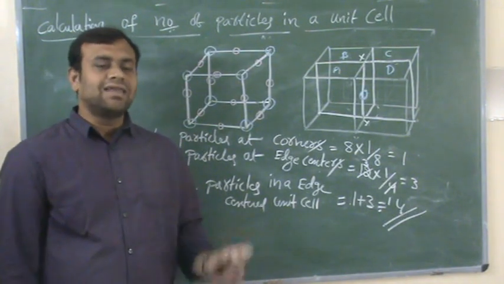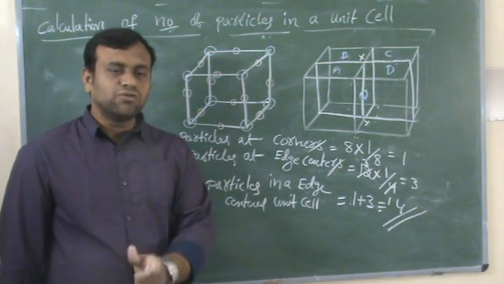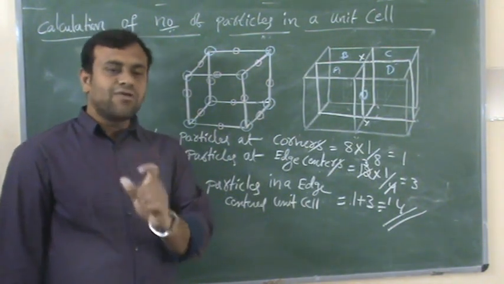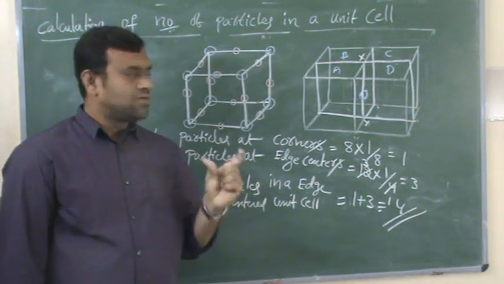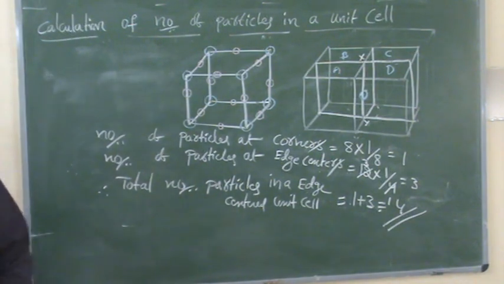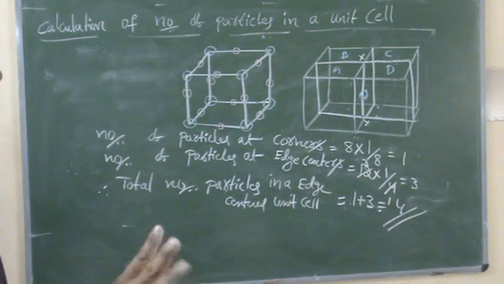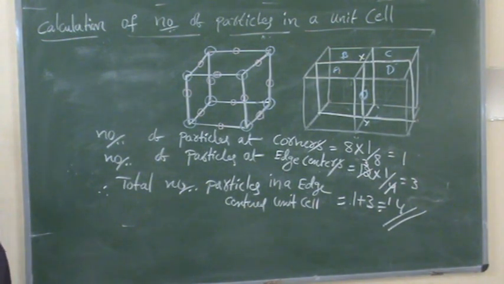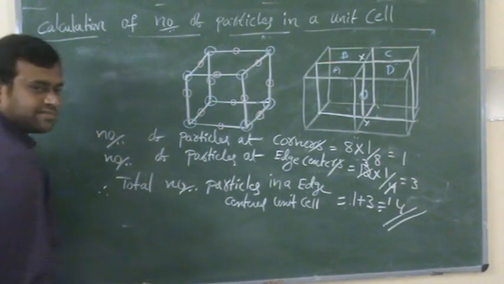Sometimes they may ask, calculate Z effective of FCC. Then you have to calculate the number of particles in FCC. So, like that. Understood? Note it.